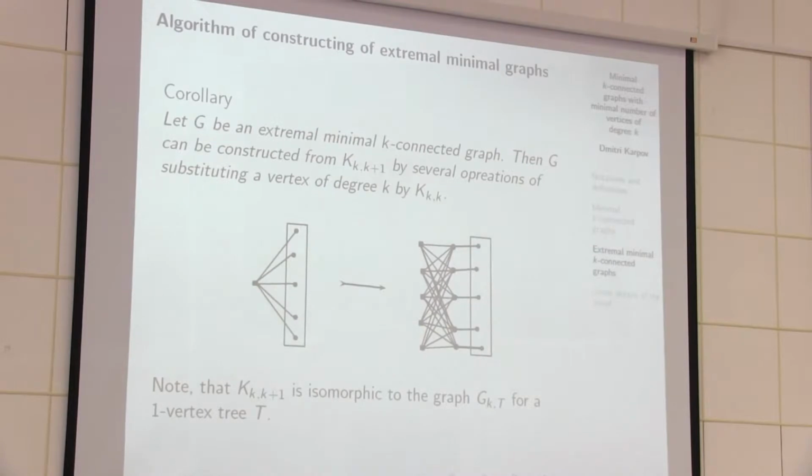Of course, if we know that every minimal extremal graph is a graph of type J_k(T) for some tree T, we can find a pendant vertex of the tree and delete it. It will be the inverse operation, yes? So this method of construction and our theorem are equivalent.